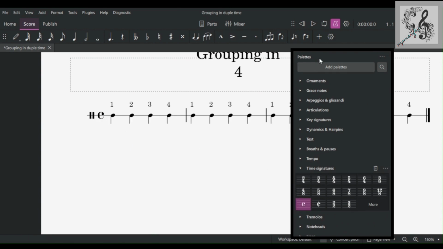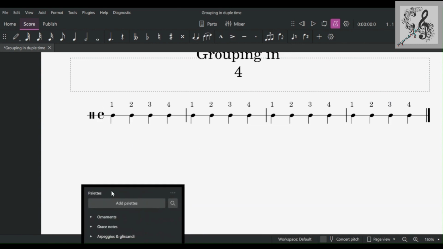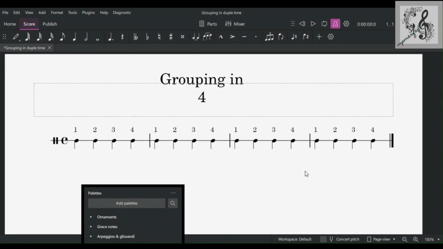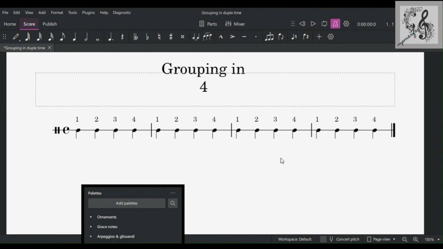I assume that it's called common time because a lot of our music is in 4. 1, 2, 3, 4. 1, 2, 3, 4. Common rhythm in 4.